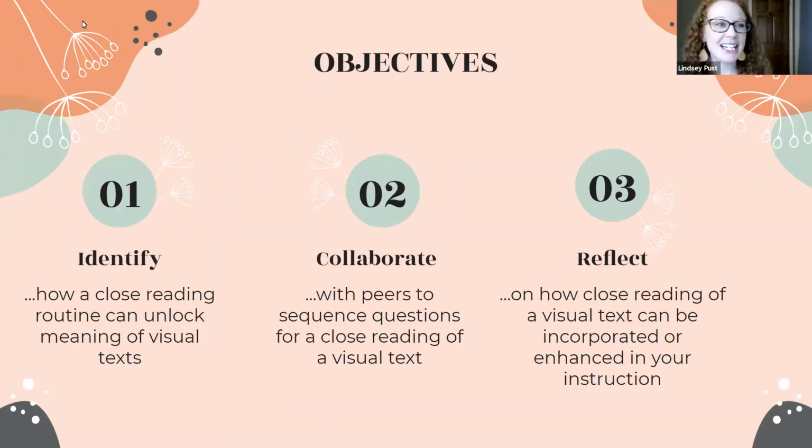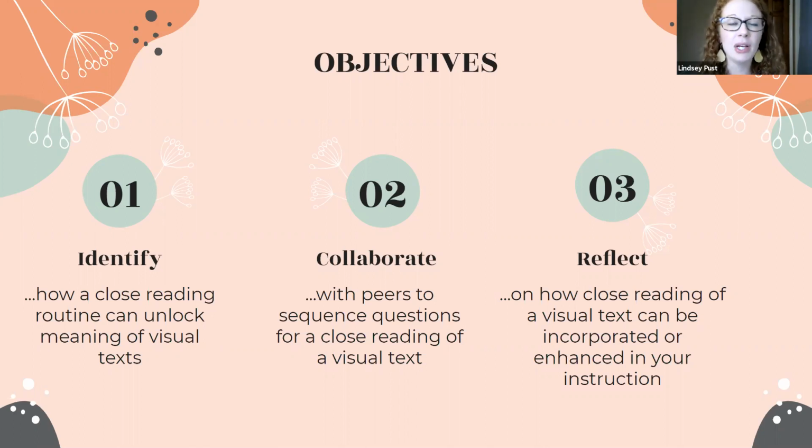Yes, hello. So today we are really excited to dive into this topic, and I don't think any of us would consider ourselves experts, but just on the continuum of learning about this. So the objectives for today: to identify how a close reading routine can unlock meaning of visual text.